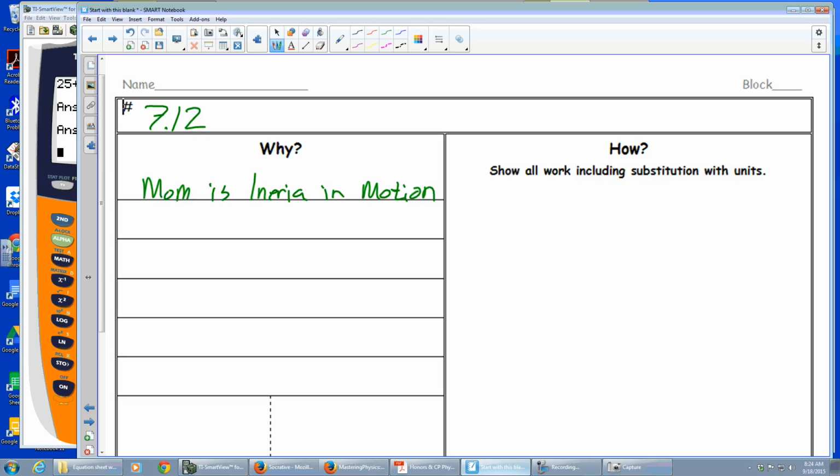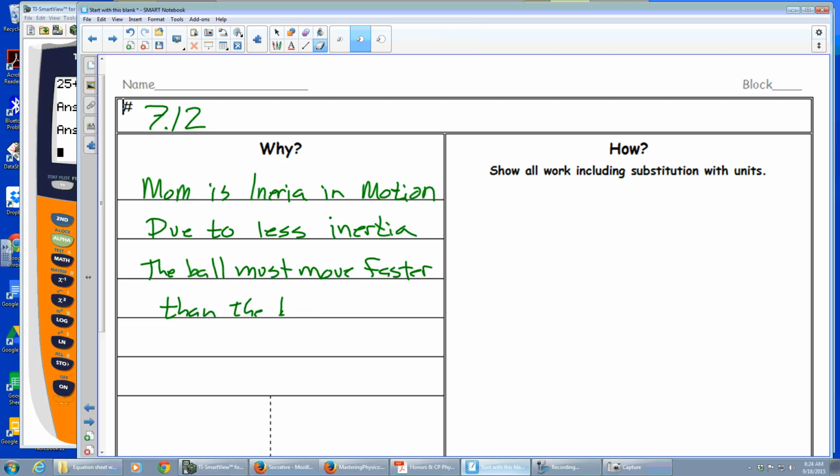I'm going to say that due to less inertia, the ball must move faster than the bus.